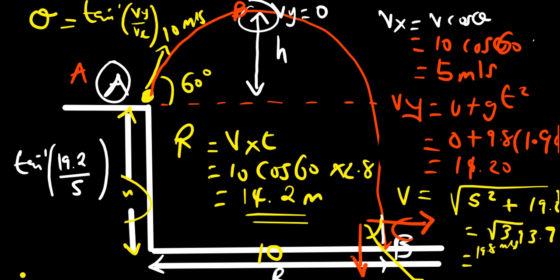We find the tan inverse of that. On my end, I'm getting 75.4 degrees. So that would be the angle at which it hits the ground, that would be the direction it will make.